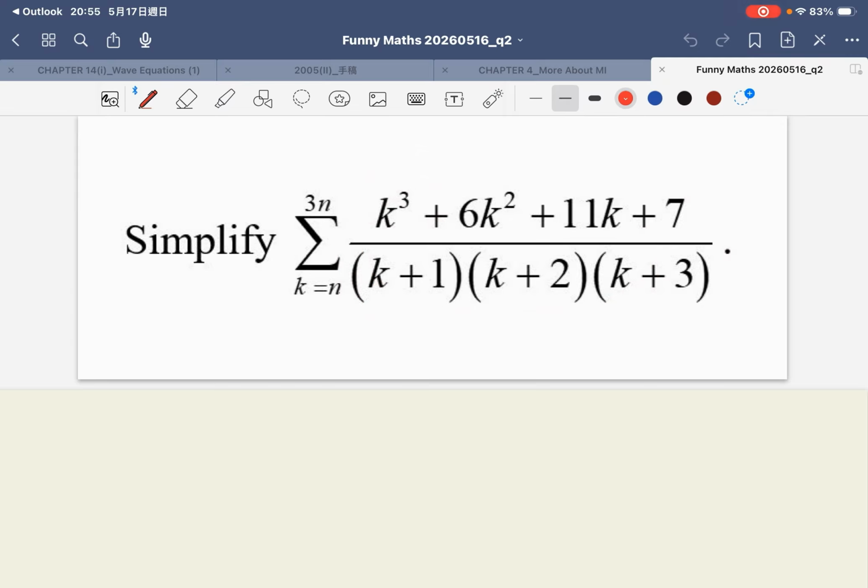For this one we have to use long division, and expand (k+1)(k+2) times (k+3).